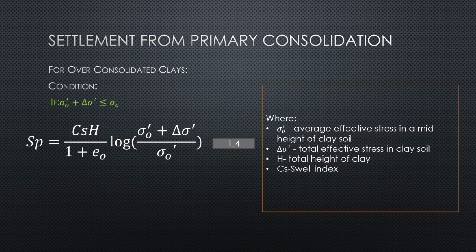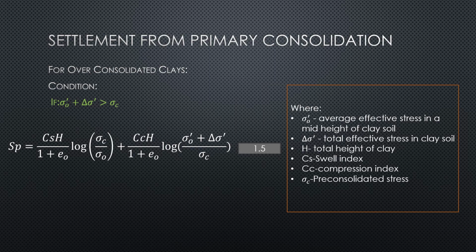So in the formula, Sp is equal to Cs H over 1 plus e sub o, log of sigma prime o plus delta sigma prime over sigma prime o. That will be considered formula 1.4.